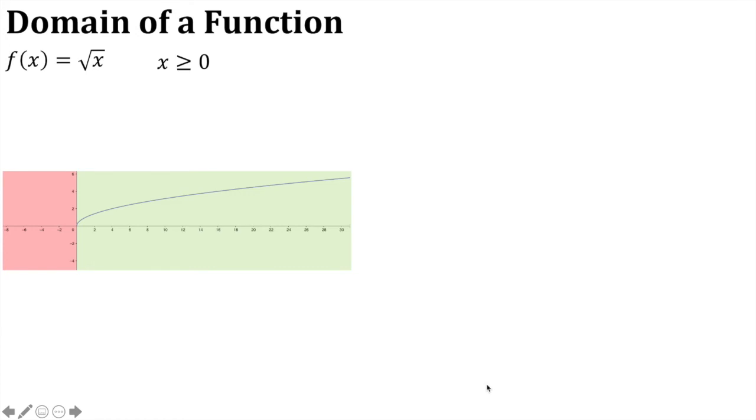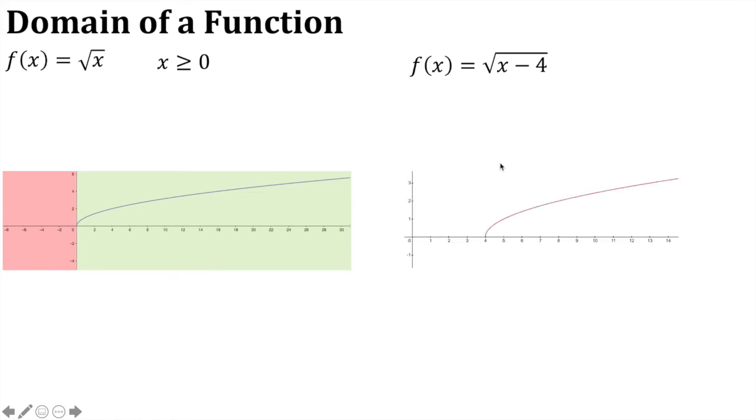Now let's look at another one. This time we've got f of x is equal to the square root of x minus 4. So remember, whatever you're taking the square root of must be equal to 0 or positive. In this case, we've got this graph, f of x equals the square root of x minus 4.